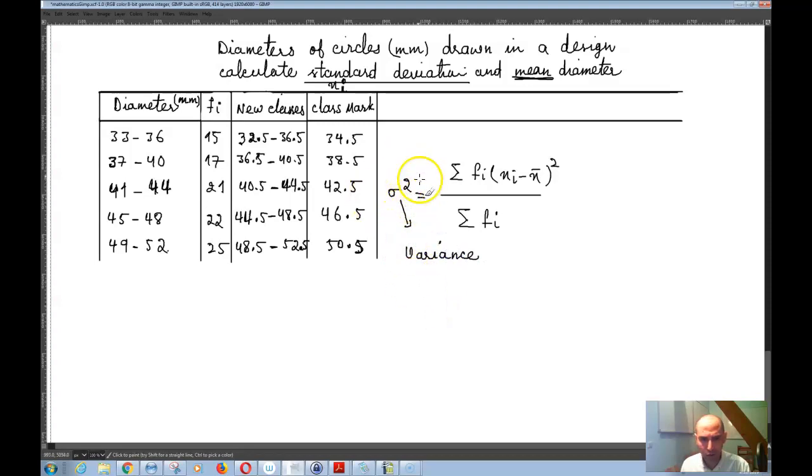If you take the square root of this, that would be sigma, and that sigma would be the standard deviation. So what we can do is calculate variance and then take the square root of that to calculate standard deviation.